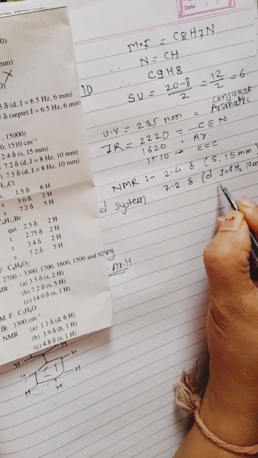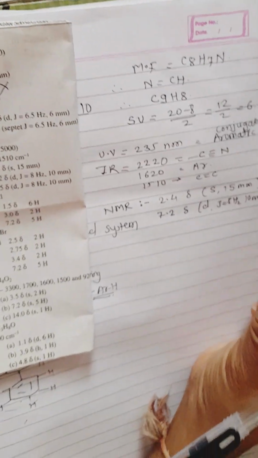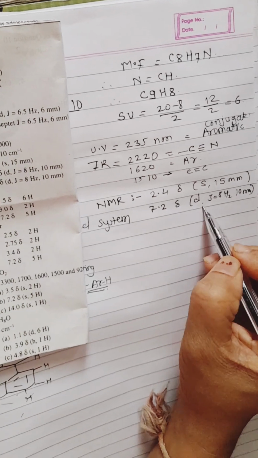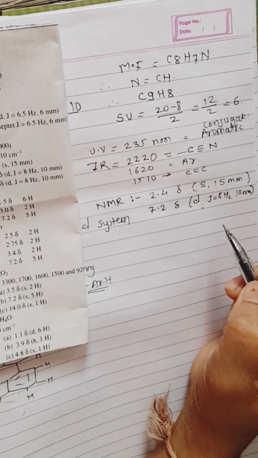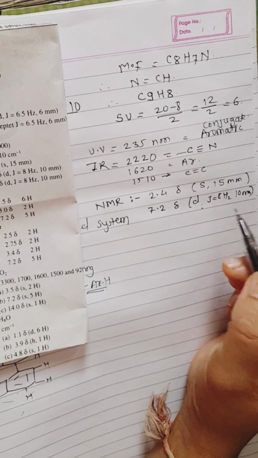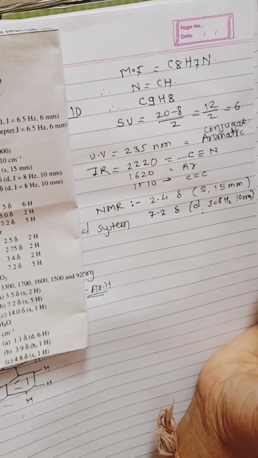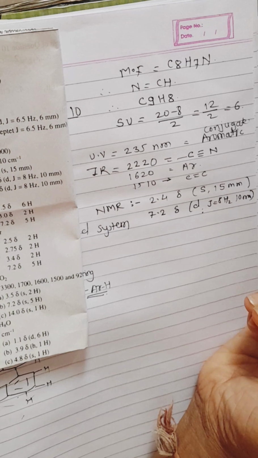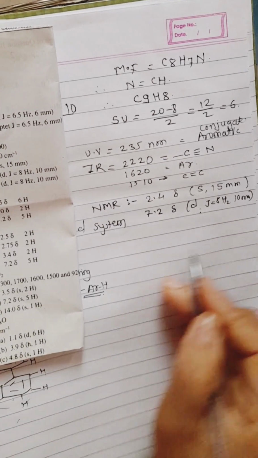You know the coupling constant is nothing but the distance between two adjacent peaks, and the coupling constant is mostly common for ring systems. For example, in benzene there are ortho, meta, and para couplings, which I already told you in that video, isn't it?